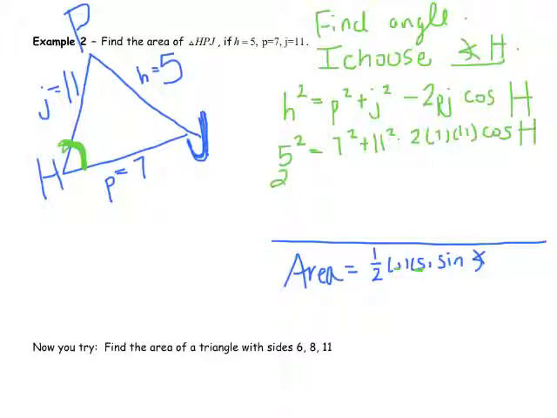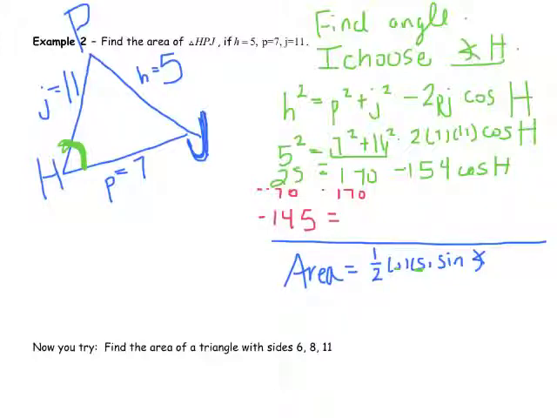So this is 25, and this makes 170 minus 154 cosine h. So I need to subtract that 170 here, and so now I have negative 145 equals negative 154 cosine h.